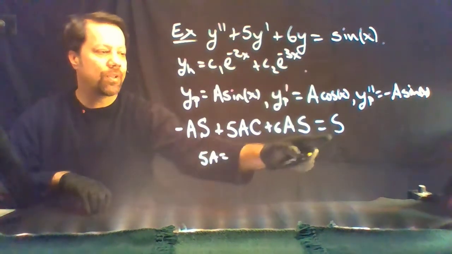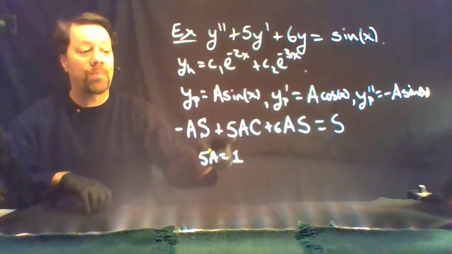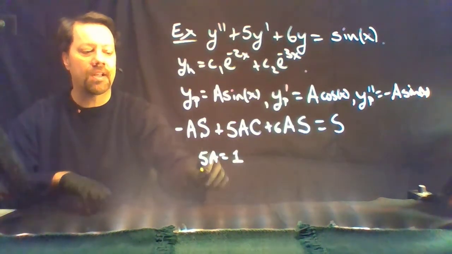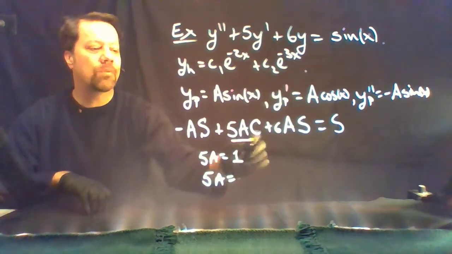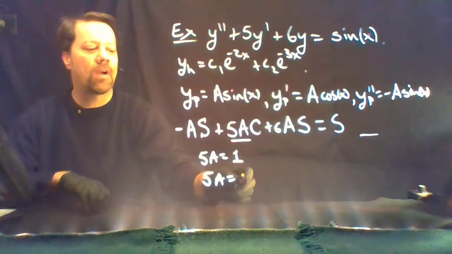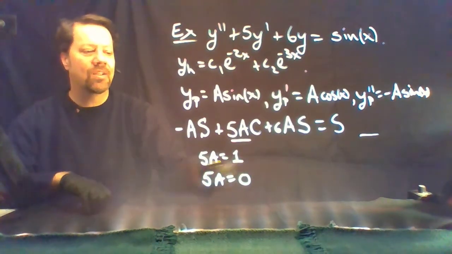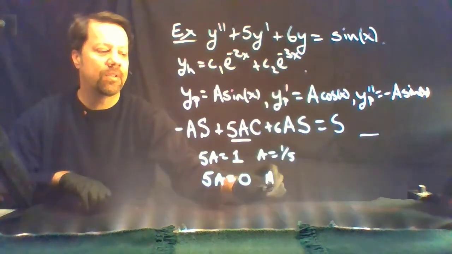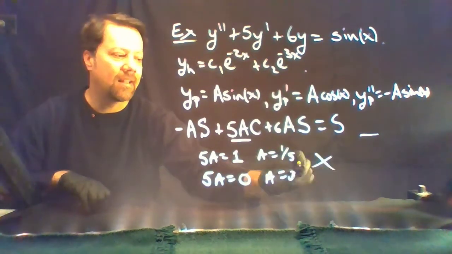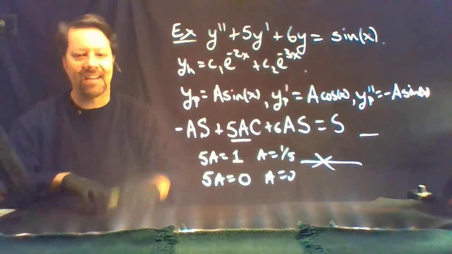That has to equal the coefficient of sine on the right, which is 1. But the coefficient of cosine on the left, 5a, must equal the coefficient of cosine on the right, which is 0. In this case, we get a is 1/5, but also a is 0, and that is a contradiction. Therefore, that is a bad guess.